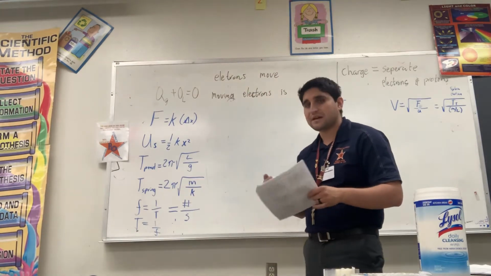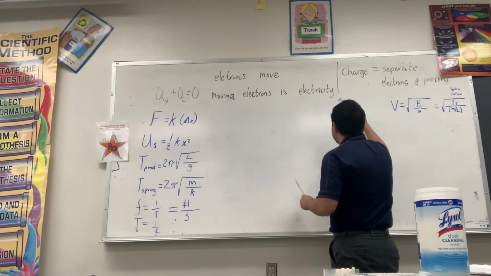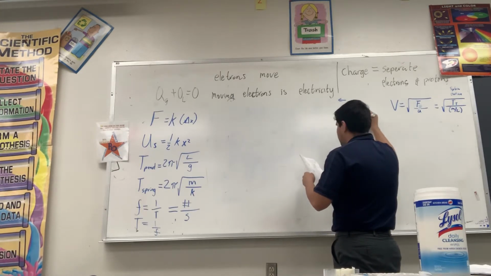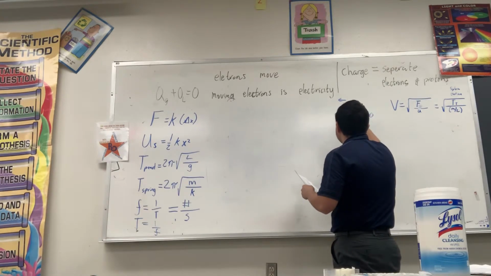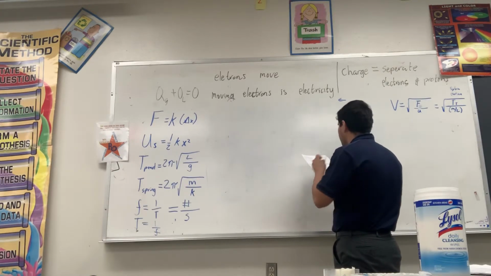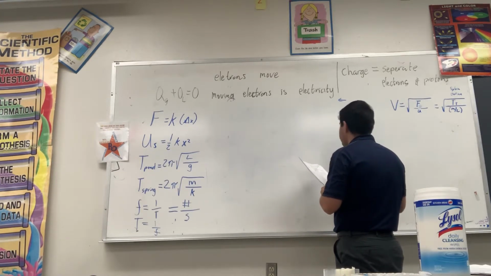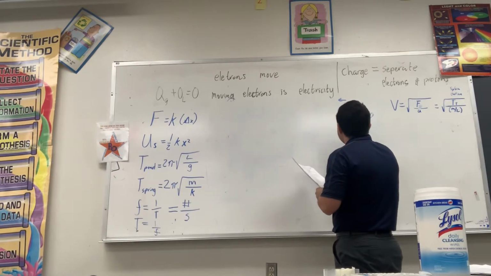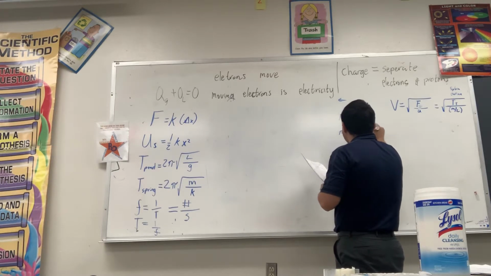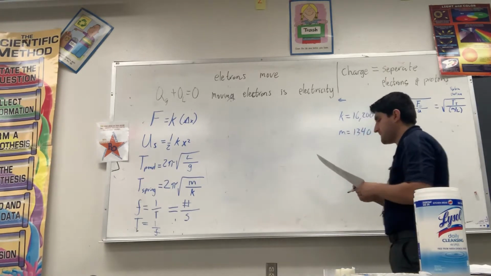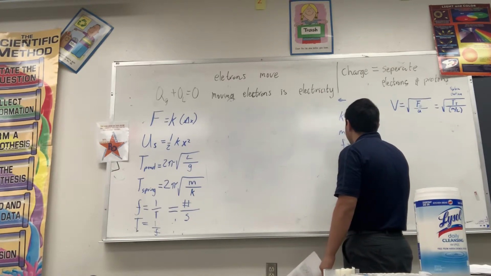We write down our givens first. K is equal to 16,200, mass is equal to 1340, and we're looking for the frequency.